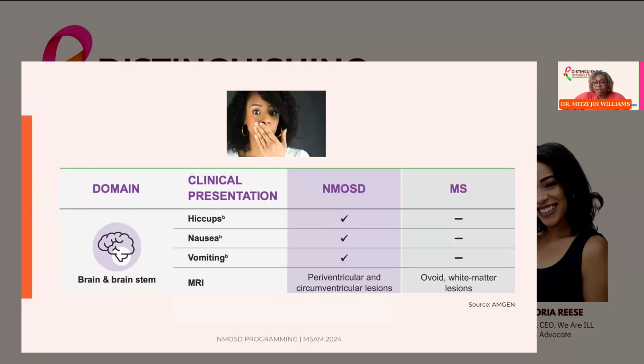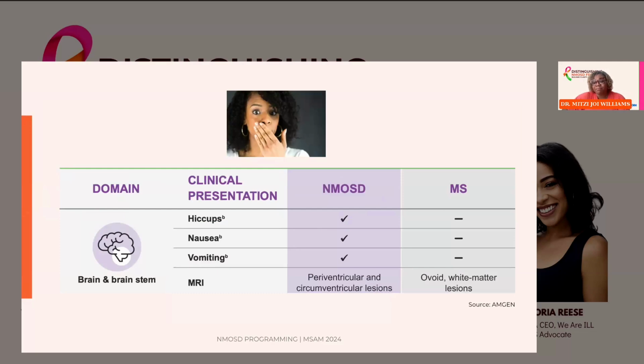So then again, other parts of the brain that are affected. Classically, when we think of NMOSD, we think that there's not much brain involvement, but we do know that there can be specific syndromes or areas that are involved. One of them is an area we call the area postrema. I have no idea how I got that name, but the symptoms of that area being involved are things like hiccups, intractable hiccups, nausea, and vomiting.